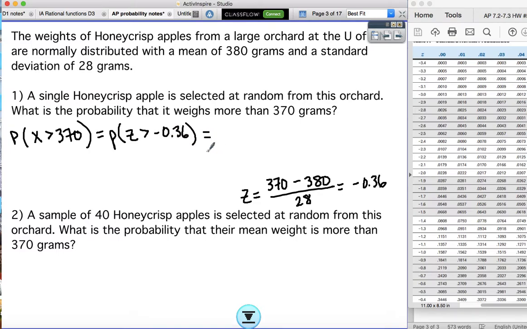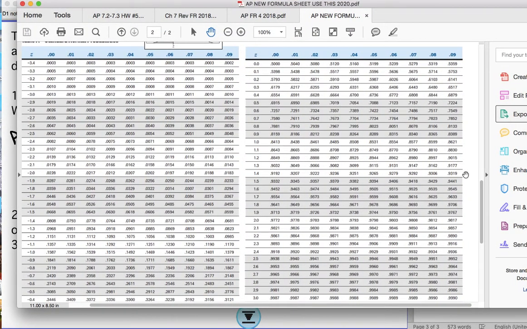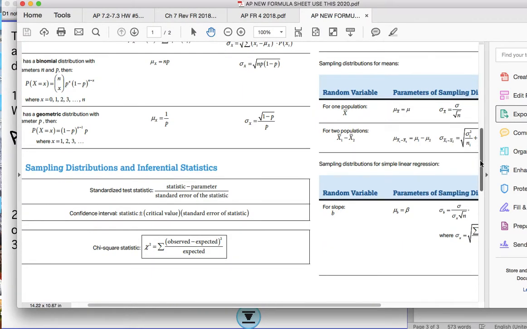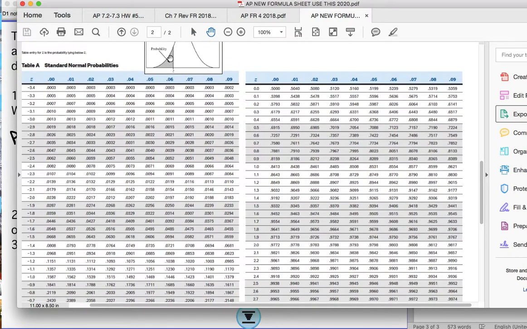Now, what we have to remember is whenever it's a greater than, we have to do 1 minus. Because this z-chart, all of these percentiles are to the left. This little picture up here is to remind you that all of these are going to the left. So if you want to go to the right, you have to do 1 minus. And the value we're looking up was negative 0.36.